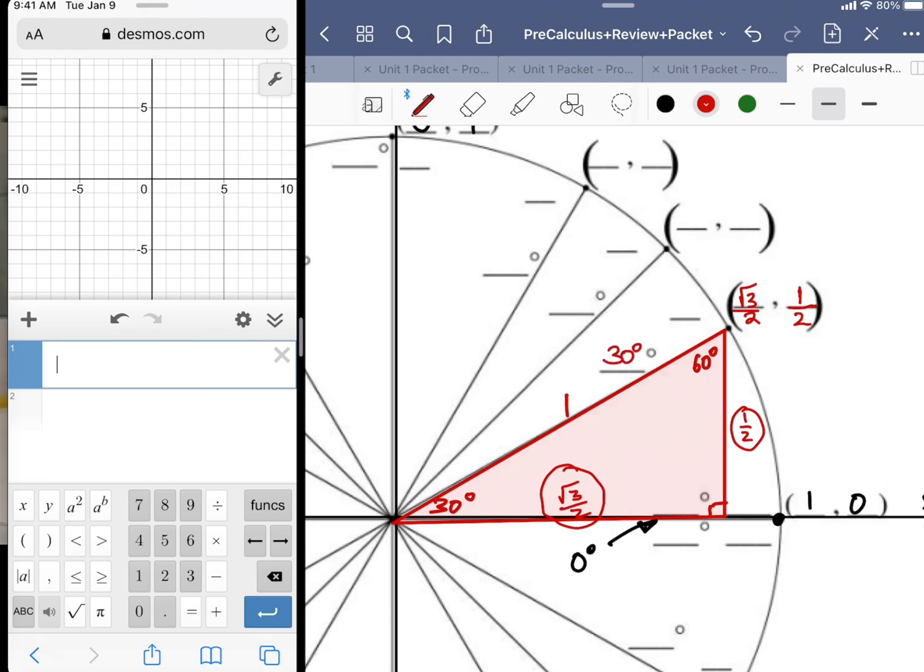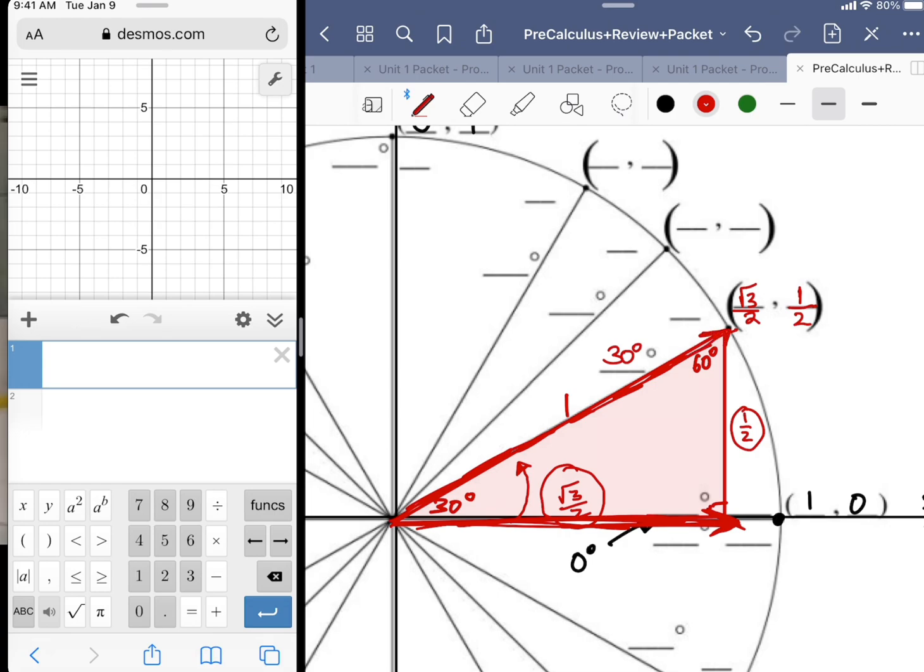Because yes, this is a triangle, but what's actually happening is this ray, if I put an arrow on it, is sweeping through this region to give us this new ray, which could extend out infinitely. It's just in this case it terminates on the circumference of the circle.